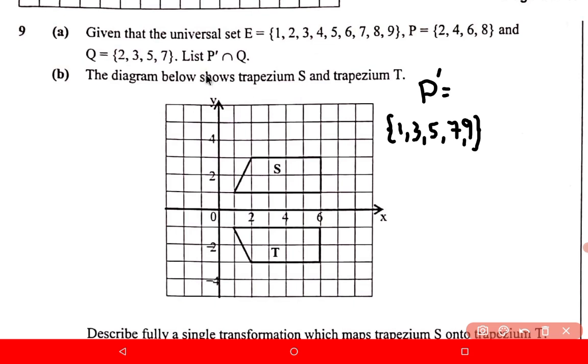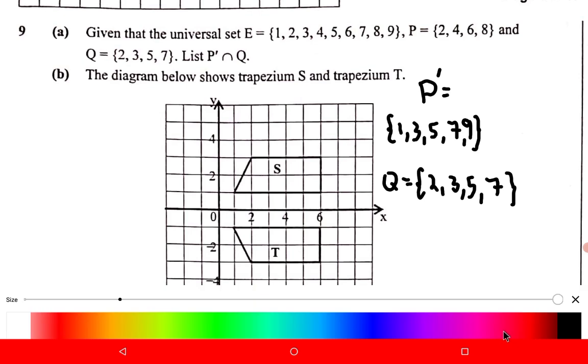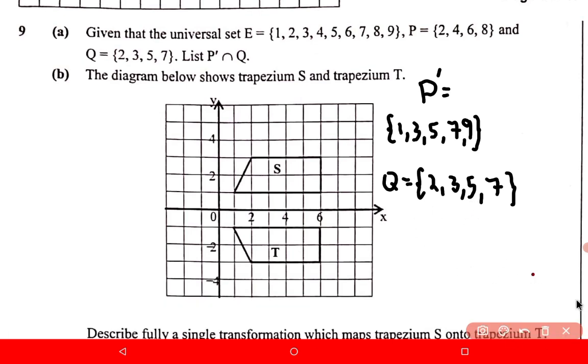So now the intersection between P complement and Q. First of all, what is Q? We are given the set Q. It is 2, 3, 5, 7. So we just need to find the intersection between these two. You can see that 3 is found there, 3 is found there, 5 is there, 5 is there, 7 and 7.